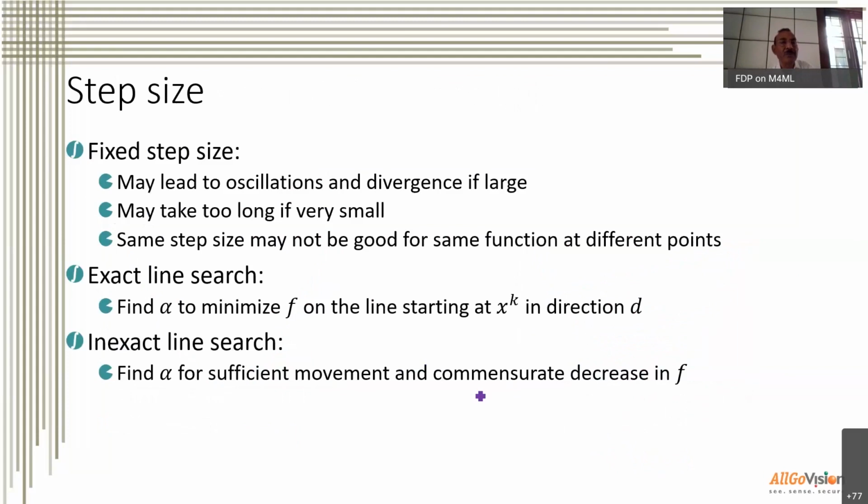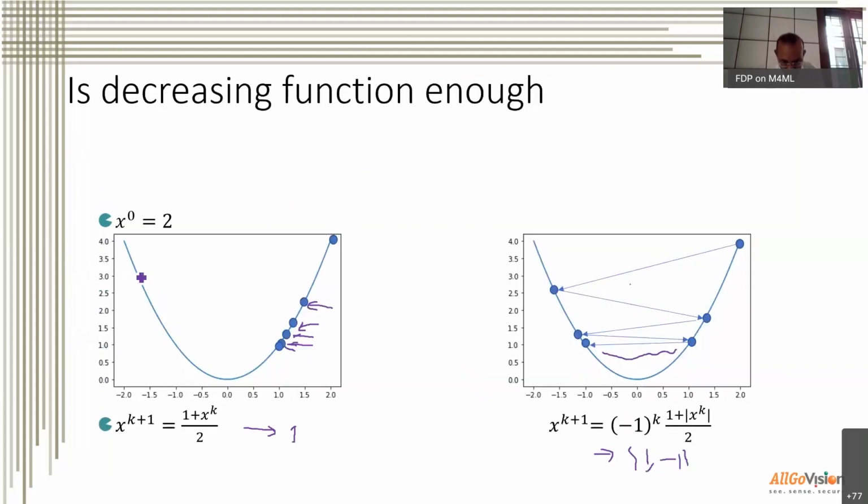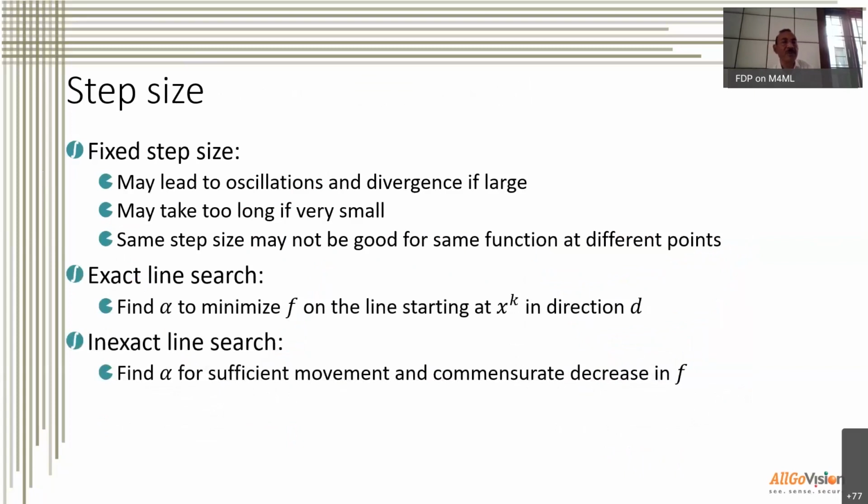Okay. So with this, we are prepared to have some kind of a discussion on step sizes. One is a fixed step size, which may lead to oscillations and divergence if large.